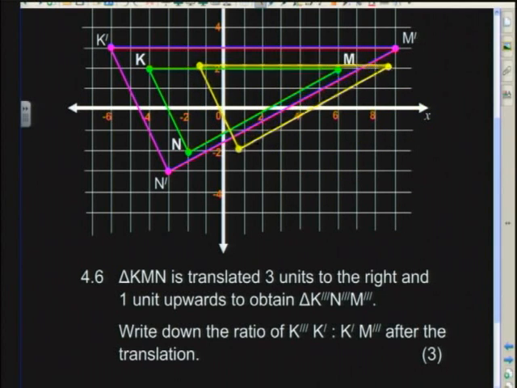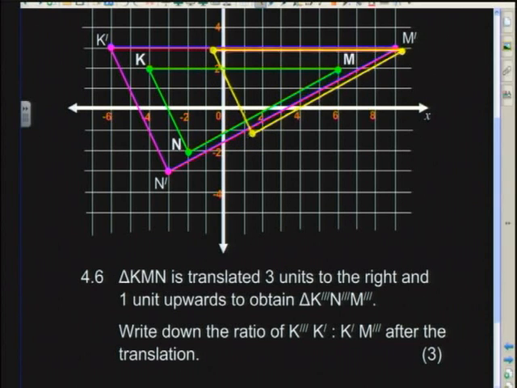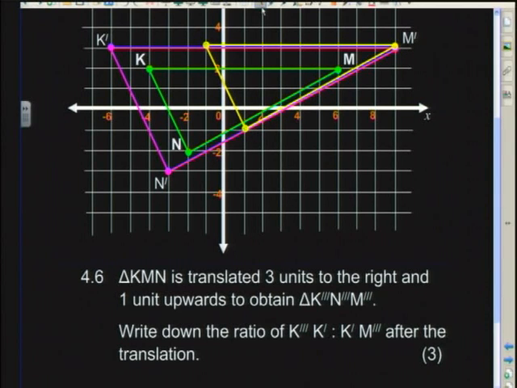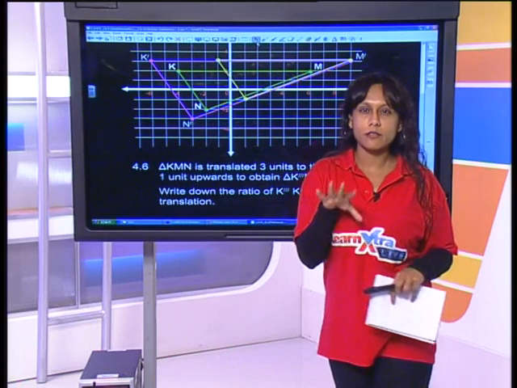From there, we're then going to move it 1 unit upward. So it's going to move from there 1 unit up. That's going to be your new triangle, K triple prime, N triple prime, M triple prime. That's the new triangle that you're dealing with.